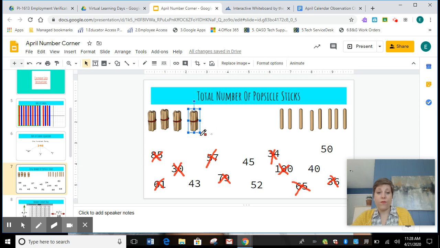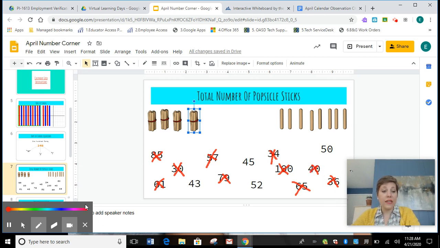We see this number 40, but I see extra sticks, so we know we're going to pass 40. We're going to stop there, and we're going to keep counting on. Let's recount our 10s, and then we're going to switch over to counting by ones.